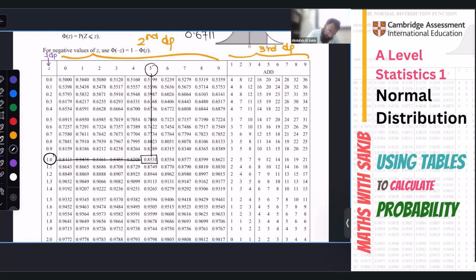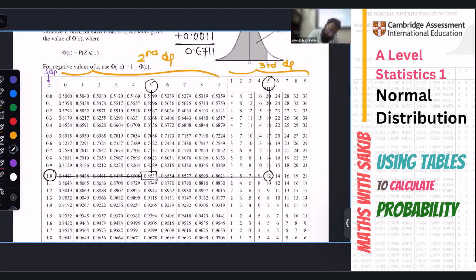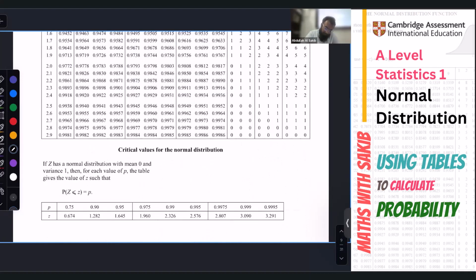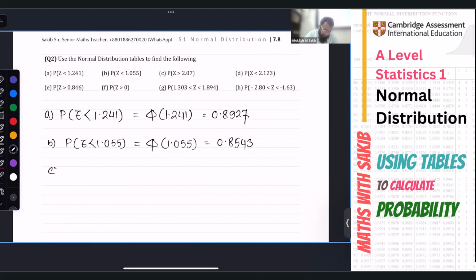And this is also 5. So the value is 0.8531 plus 0.0012. So that's the answer. Is it okay, Baba? So 0.8543.